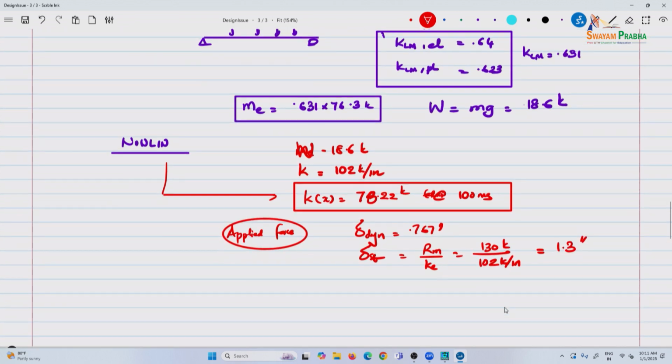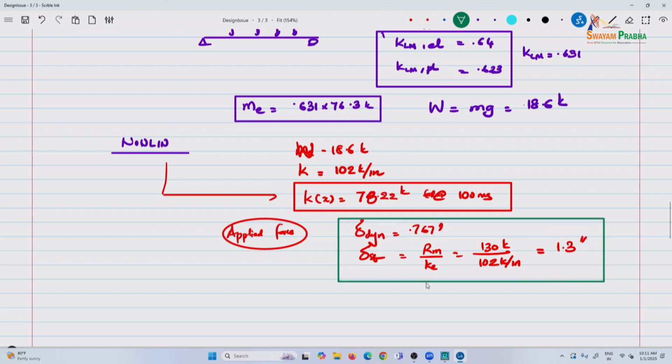So, what we get from these two is it is still an elastic response. So, you can draw some conclusions like this, and the ductility ratio you can find.